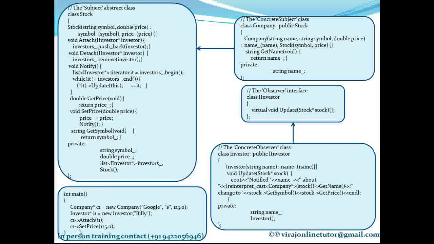As soon as stock price of this company changes, it comes here and it updates its price and it calls notify. Notify will read the entire list and it will call its update function, and update function will just print on the screen for all the observers saying I am so and so, I am notified that the stock price of so and so company has changed from so and so to so and so now.